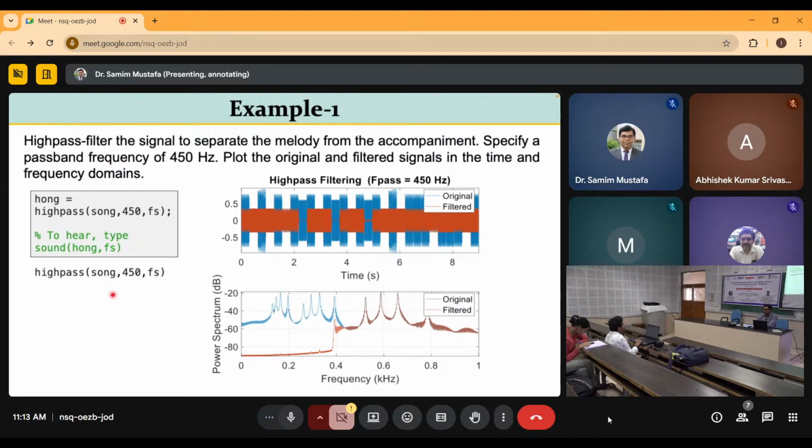Right. So all of you are getting this. You can see at what frequency we are actually doing high pass filtering. It is 450 Hz, means 0.45 kilohertz, because the unit of frequency is kilohertz. Okay.